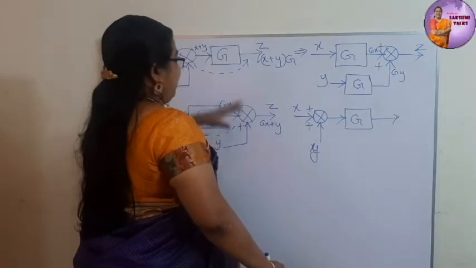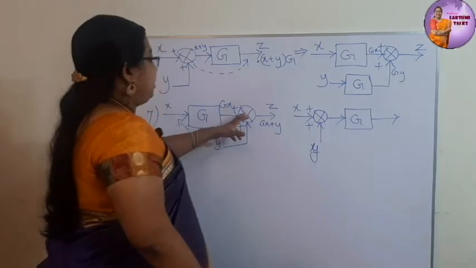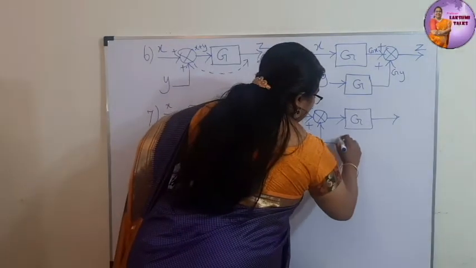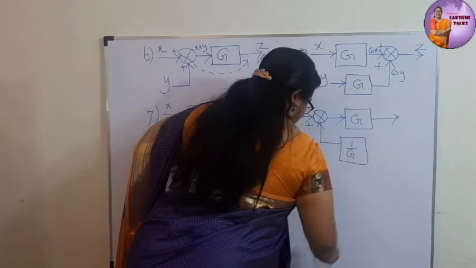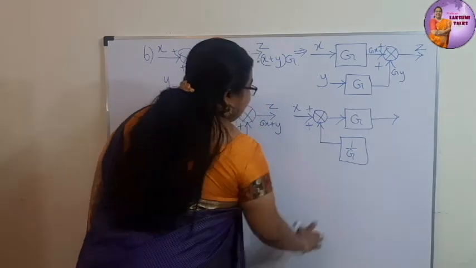But we want Gx plus Y. So what must we do? When you are shifting this summing point before the block, include 1 by G. Now just check what happens.